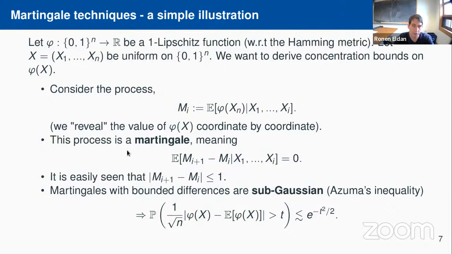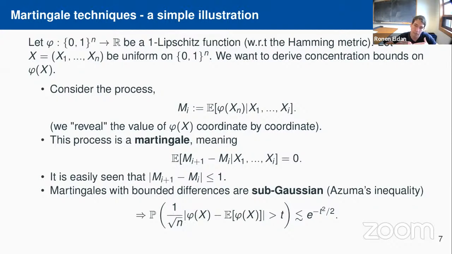Now, it's not hard to see, and this is just the law of total expectation, that this process has a very nice property: if I condition on all the information up to time i, and I look at the difference between the process at time i plus 1 and the process at time i, those differences are unbiased. They have expectation 0. These sort of processes are called martingales.